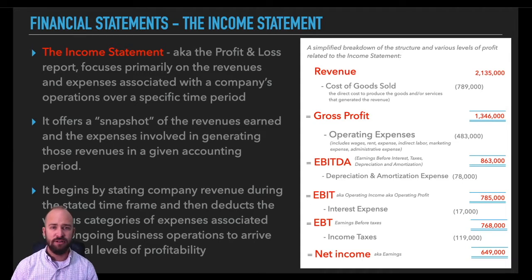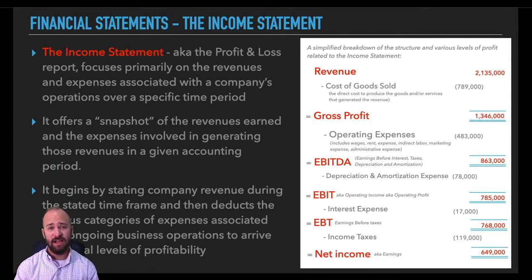So that's the cost of goods sold. So included in the cost of goods sold would be things like the cost of the materials to make the skateboards, the direct labor involved with assembling those skateboards, the direct costs of distributing those skateboards to retail stores, so on and so forth. So cost of goods sold refers to the direct cost to produce the good or service.